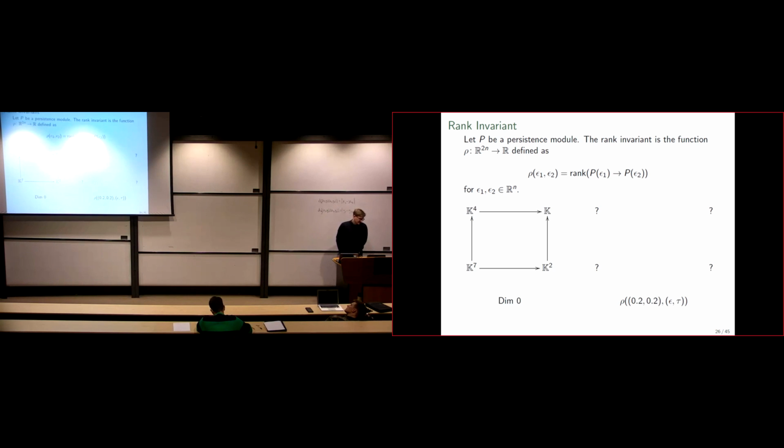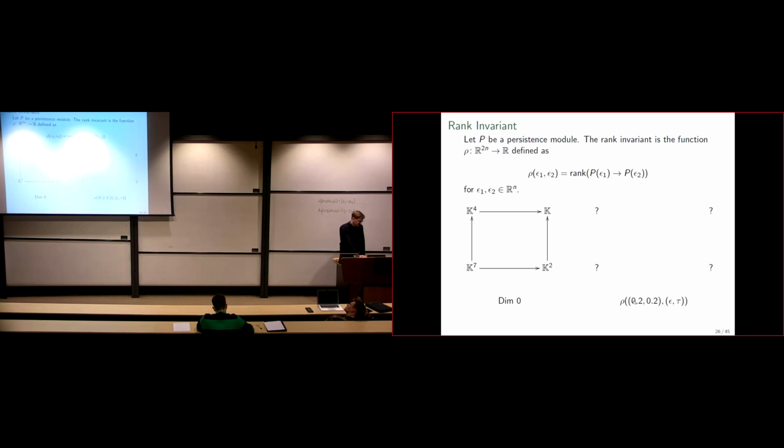So here I will give you this example. On the left here, you see the zero-dimensional persistence module that we had in our example earlier. And it had 7 connected components in the initial filtration value here, which was epsilon equal to 0.2 and tau equal to 0.2. And now what we will do is compute the rank invariant.